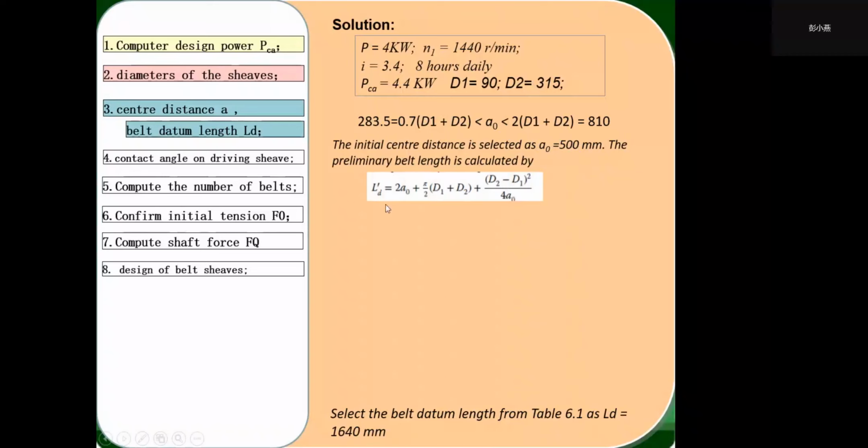And then we calculate LD prime. How to calculate LD prime? We use this formula, with A0, D1, and D2. The calculated LD prime is 1659.2 millimeter, which is not a standard value.